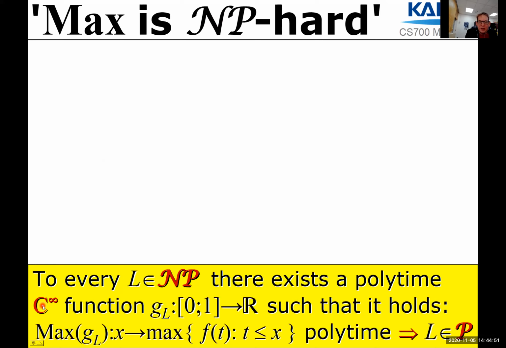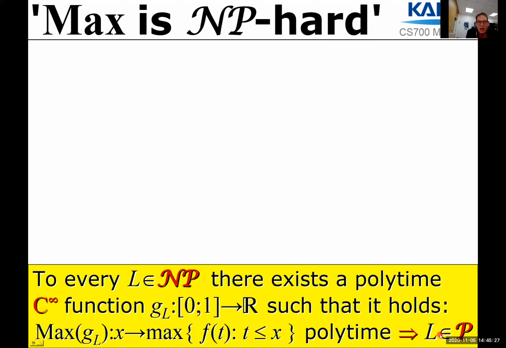Such a function such that the following holds: the parametric maximum of that function, the maximum of that function G_L up to x, if that is polynomial time computable, then actually the original decision problem was already polynomial time decidable. Put differently, from an algorithm which computes the parametric maximum of that function, one can recover a different algorithm that decides the original decision problem in polynomial time.